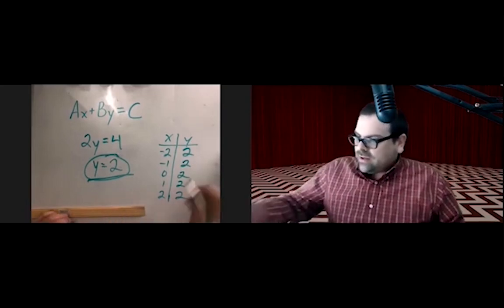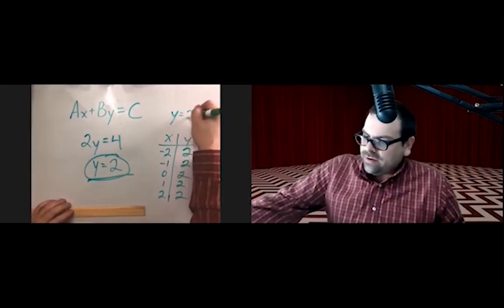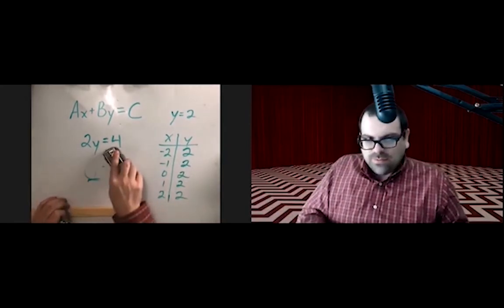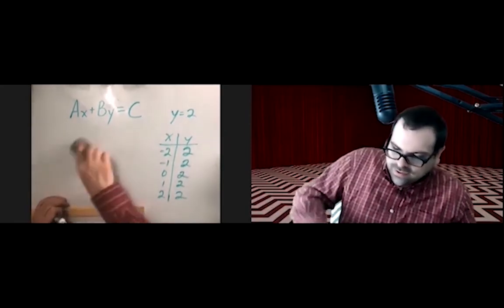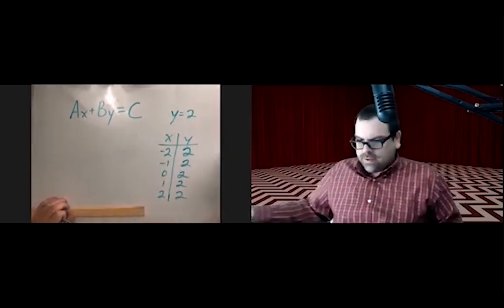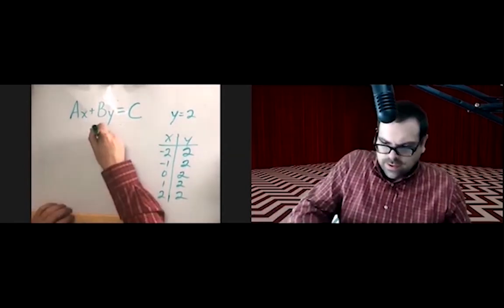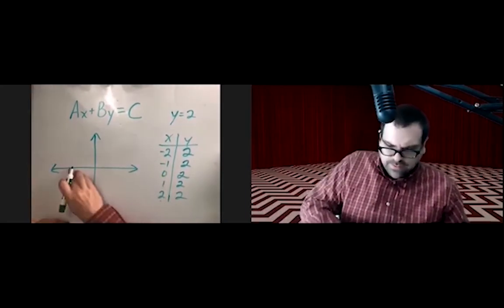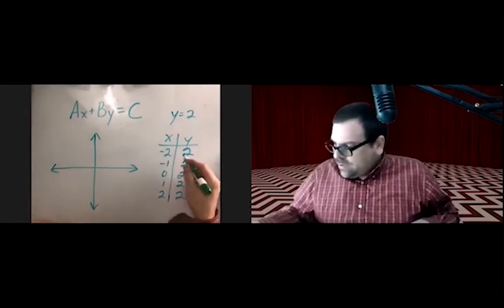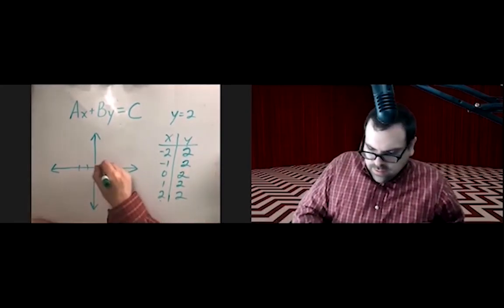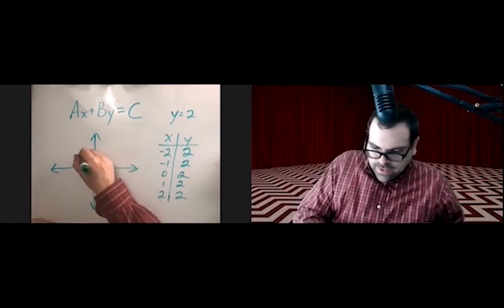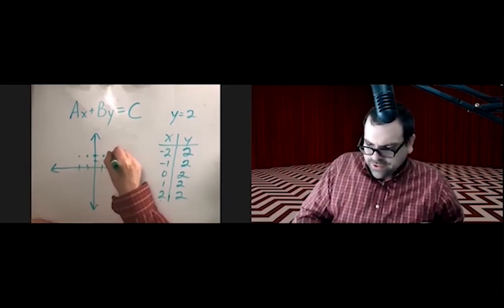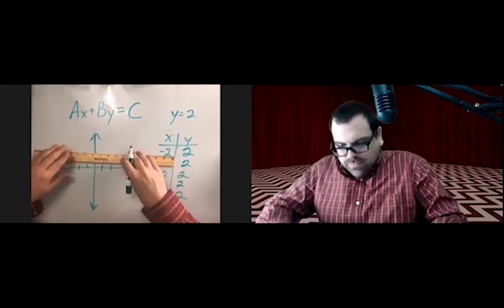Well, I wonder what this looks like. Here we're graphing 2y equals 4, which is essentially y equals 2. So if I'm graphing -2, 2, -1, 2, 0, 2, 1, 2, 2, 2, it is a line.